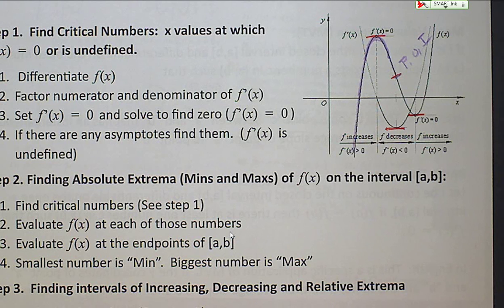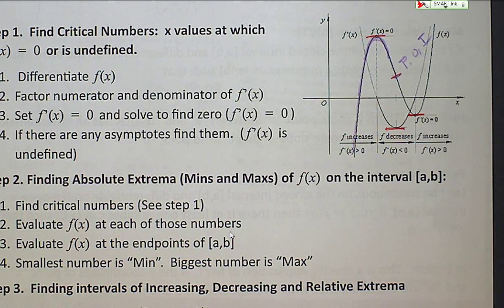Okay, so follow me. I have a parent function. I find the max and the mins by setting its derivative equal to 0. Correct. The point of inflection is always going to be where the second derivative is equal to 0. So set the second derivative equal to 0, and that's going to show you the max and the min of the derivative.